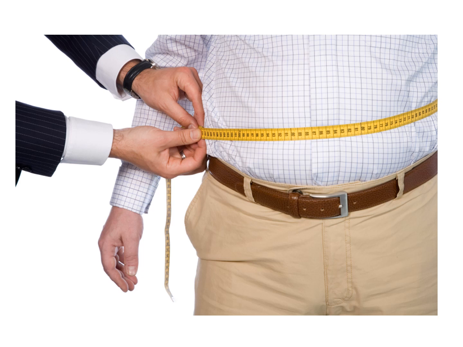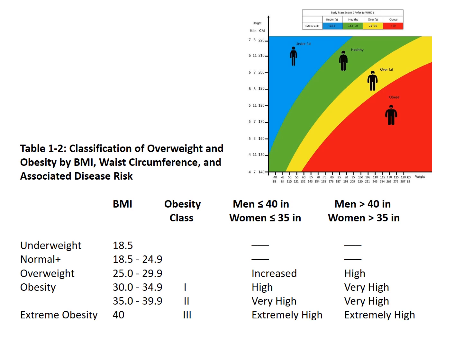Okay, waist circumference. Let's look at waist circumference and how that plays into increased risk of type 2 diabetes mellitus. So you know what body mass index is, right? You take an individual's height on the y-axis and their weight on the x-axis and you look where they intersect, and that gives you their body mass index.